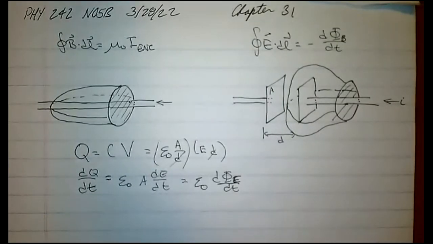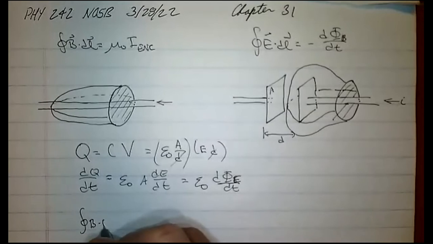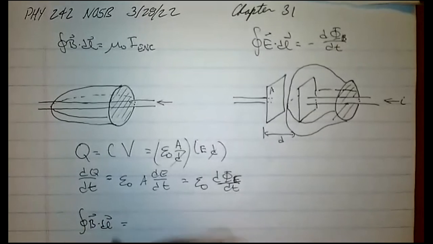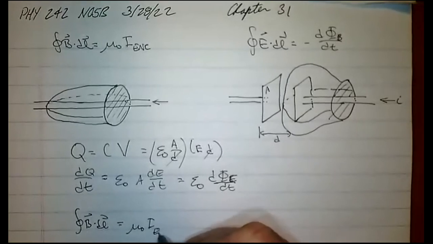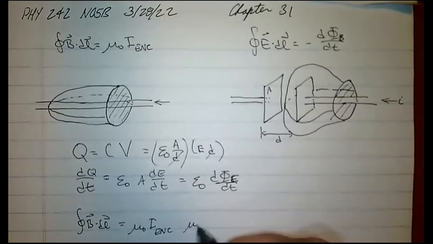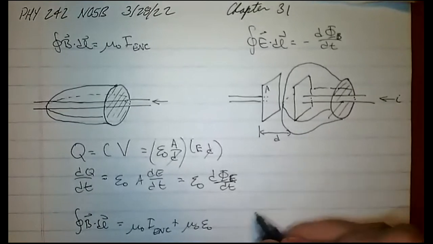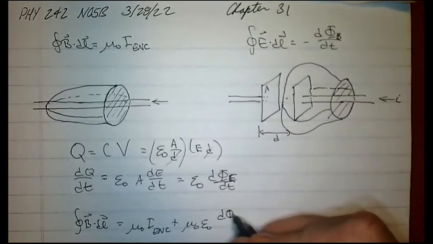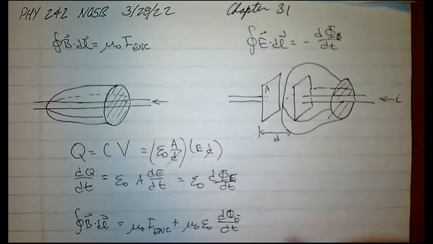If we try that, we'll clearly have the right units, and we would conclude that the closed integral of B dot dl is no longer just mu 0 I enclosed. We put a mu 0 in front, and we get mu 0 I enclosed plus mu 0 epsilon 0 d phi E over dt.